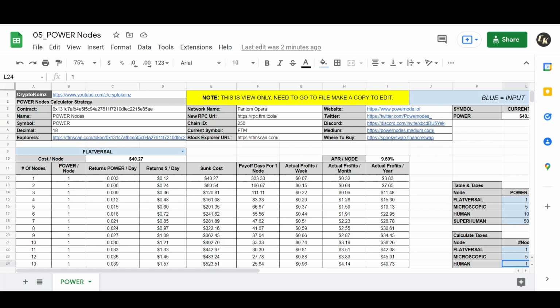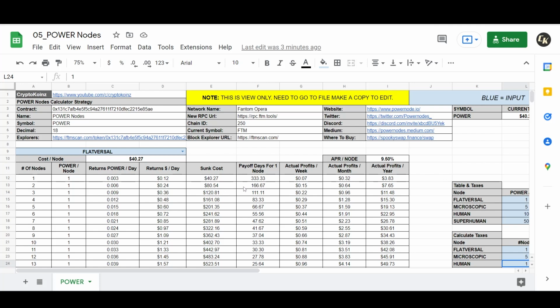Now, these are the real returns. If we go with 2 nodes, you'll be earning 0.06 power per day. Returns per day are 24 cents. The sunk cost to get into this position, remember, you forfeit this amount. So it's going to take 166 days for you to pay off 1 node, not this position, 1 node.